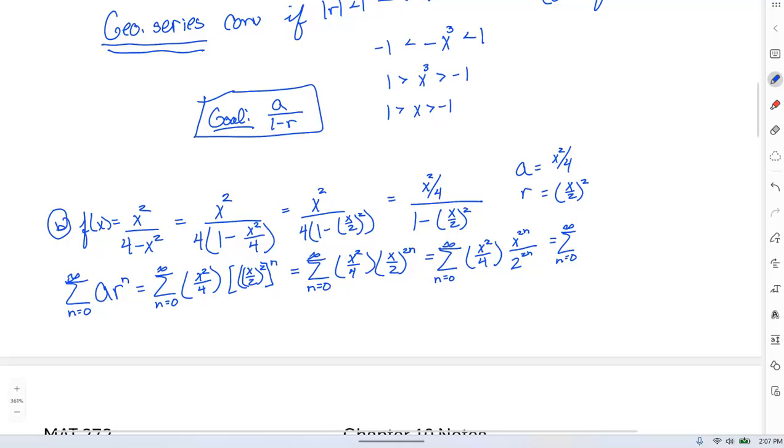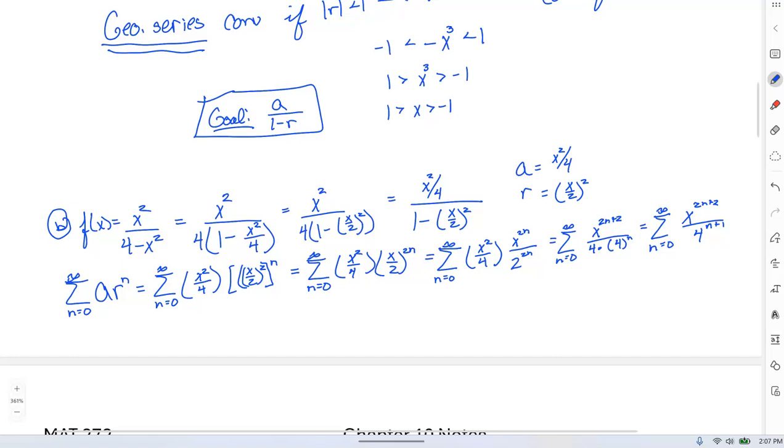So I have x to the second power times x to the 2n in the numerator, and that would be x to the 2n plus 2. And then the denominator, I have 4 times 2 to the 2n, which is 2 squared to the n, which is 4 to the n. So we could rewrite this as x to the 2n plus 2 all over 4 to the n plus 1.